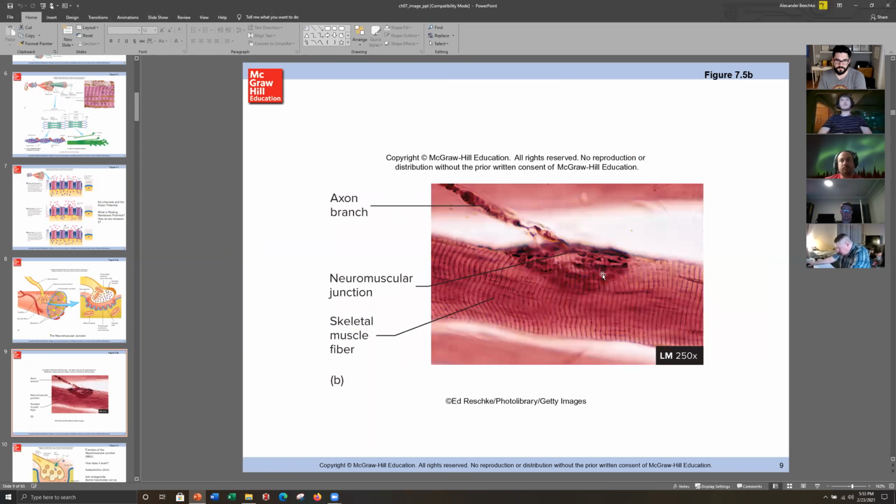So here is what that looks like underneath the microscope. We've got our little nerve ending right here, neuromuscular junction, where we have each of our little presynaptic terminals, aka telodendrites, that are going to then be attached to our muscle fiber right here.